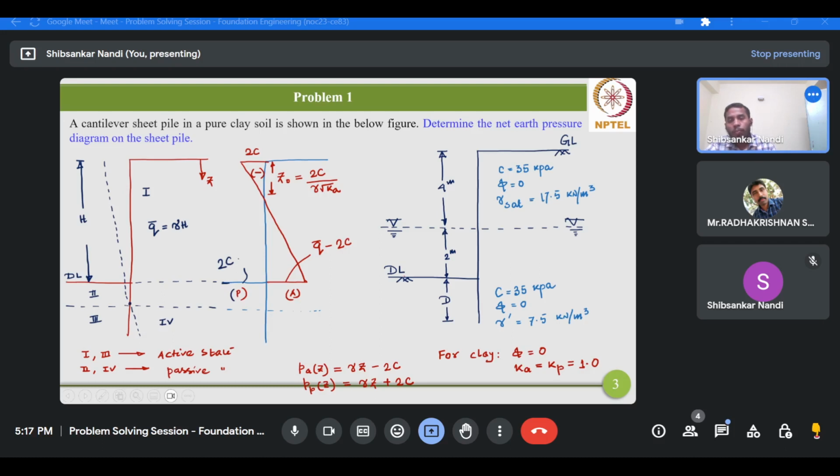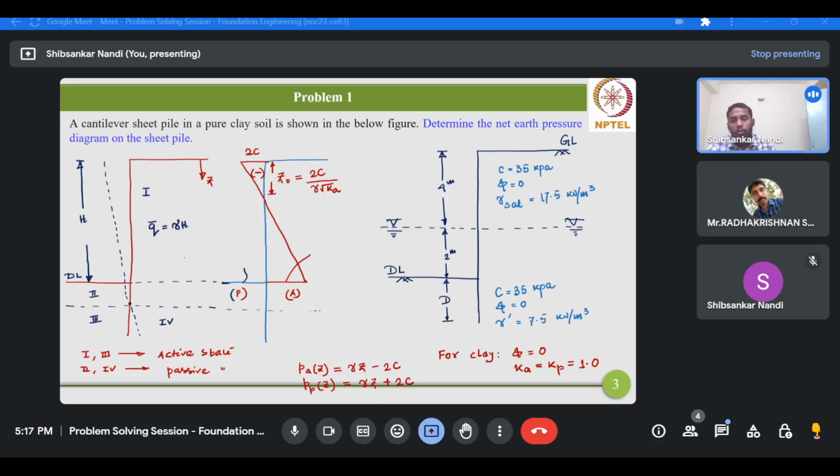Therefore it's very obvious that at the dredge level itself, we are basically not drawing the individual active and passive earth pressure distributions for all these regions. We are directly determining the net earth pressure. So at the dredge level, what will be the net earth pressure?